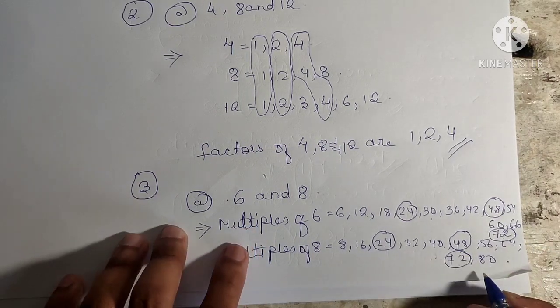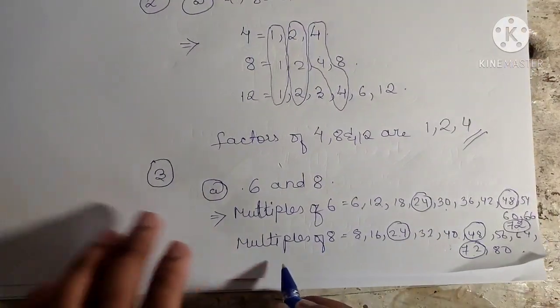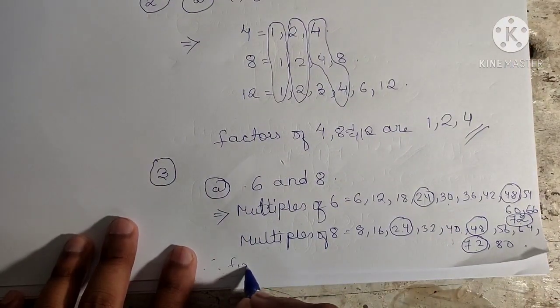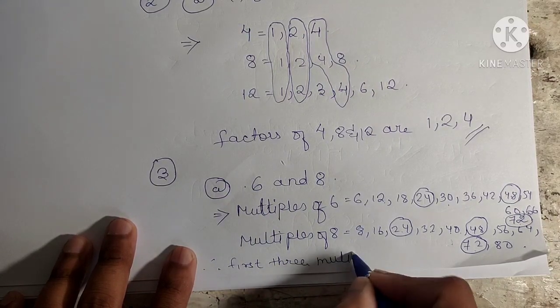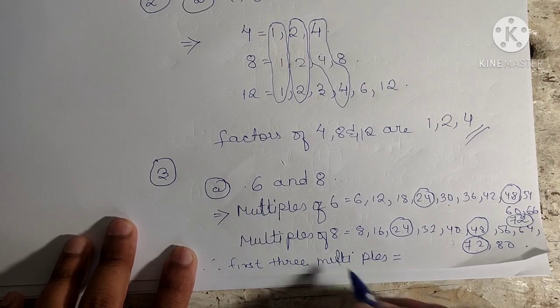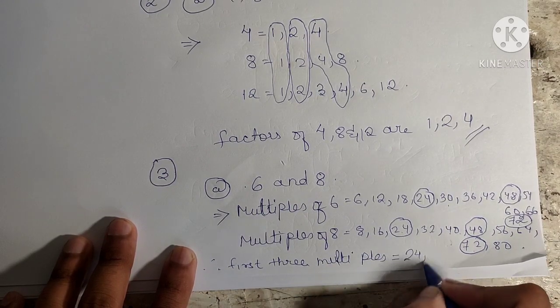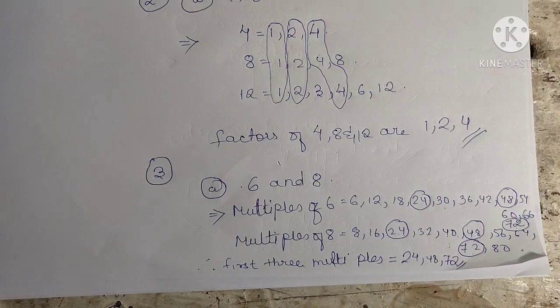Your question says find the first 3 multiples. Therefore you can write the first 3 multiples: 24, 48 and 72. These are the first 3 multiples. Okay.